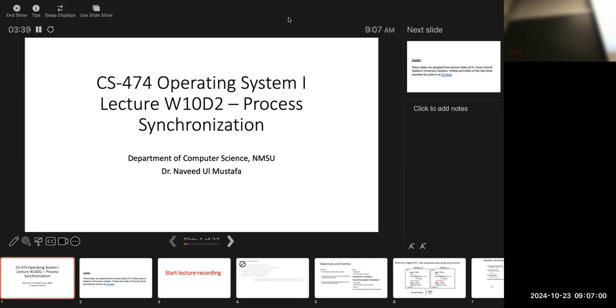Then it brings the data B, so register R2 is equal to 15, and copies are made at every level of the hierarchy.